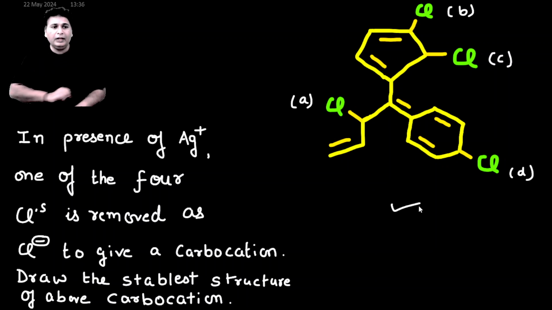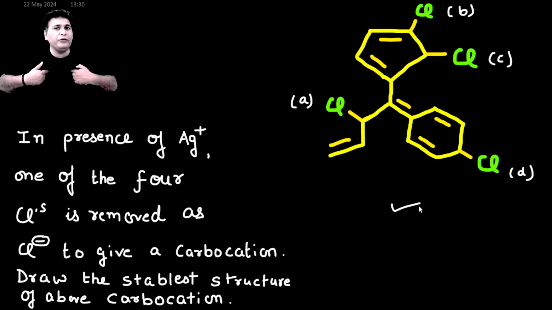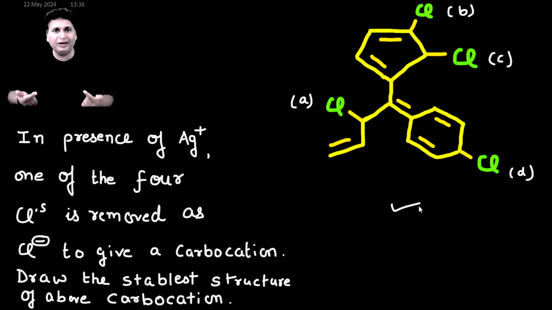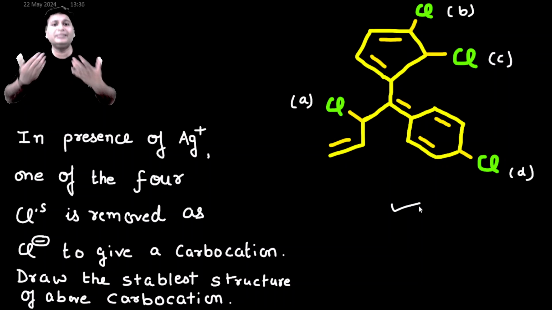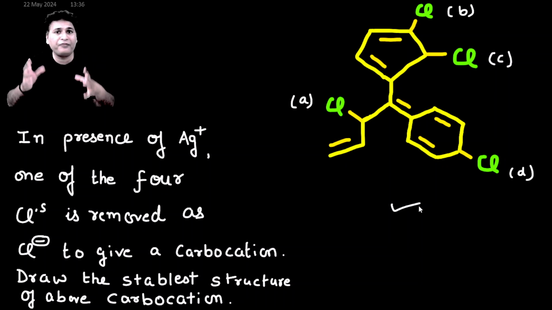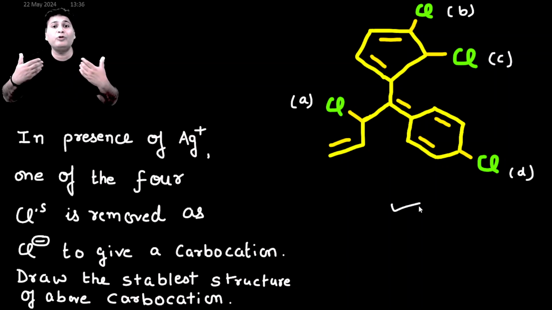Out of those 4 carbocations, you have to see which carbocation is the best in terms of its stability. Because if you are making a stable carbocation, the outcome is good, it will happen with ease, and Ag+ will find it easier to remove that Cl- because the carbocation which is going to form is stable.